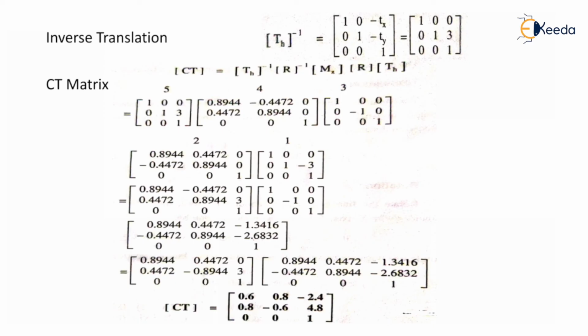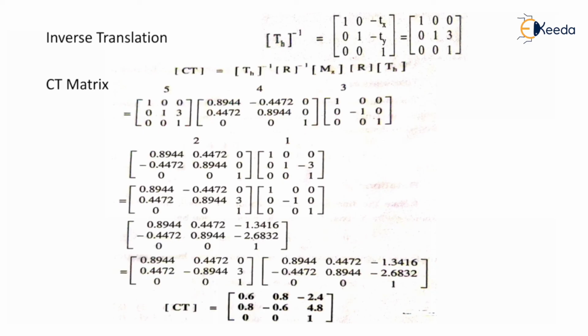Or you can do the 5 4 3 multiplication first, and you get this matrix: 0.8944, minus 0.4472, 0, 0.4472, 0.8944, 0, 0 0 1, for the multiplication of 5, 4, 3.